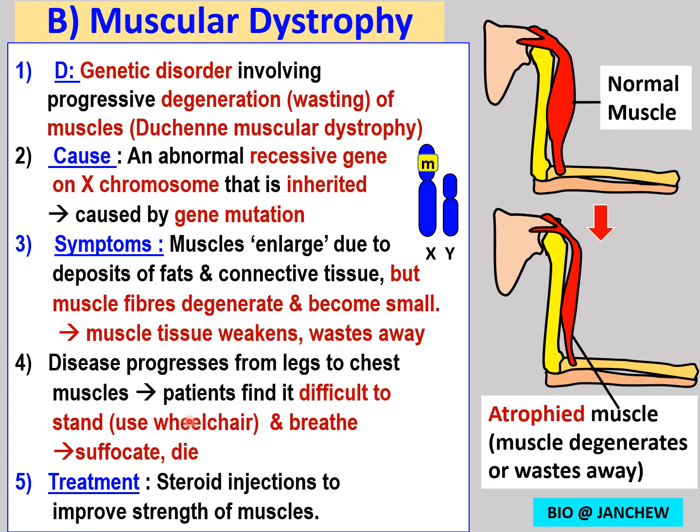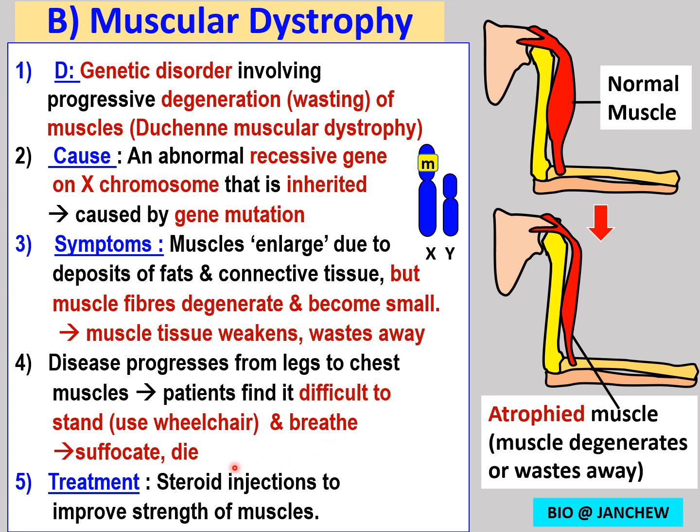Yes, it's the intercostal muscles in the ribs. So if these muscles cannot function, then the rib cage cannot be moved up and down to aid in inhalation and exhalation. So in the end, the patient will suffocate and die because the intercostal muscles may not be functioning at all.